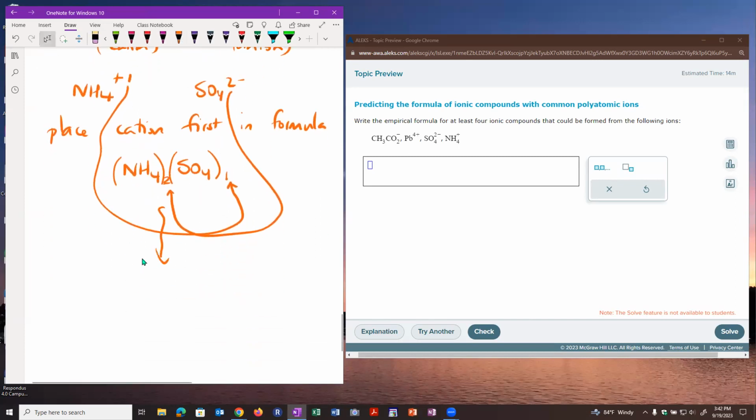So let's clean this up a little bit so it looks more presentable. We have our NH4 in parentheses, and we have 2 of them, and then we have our SO4. Because you only have 1 now of the SO4, you can go ahead and remove the parentheses if there's only 1 of that polyatomic ion.